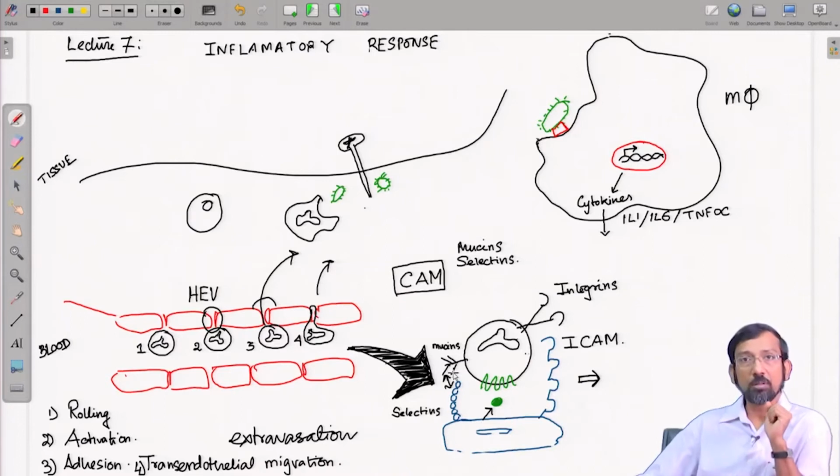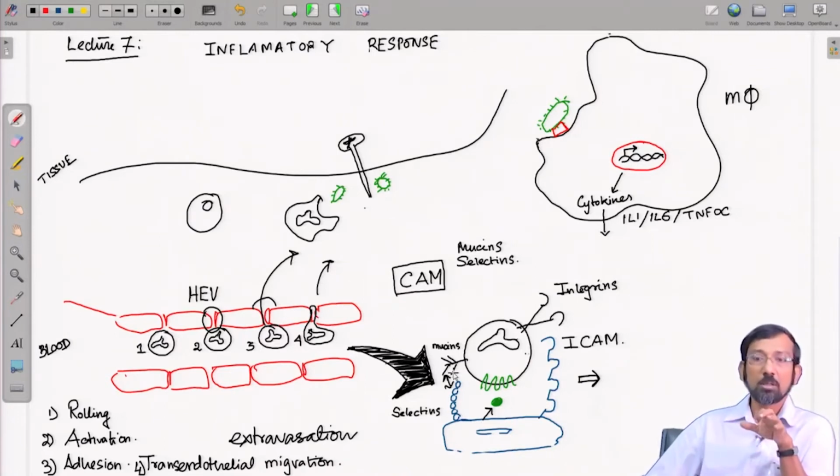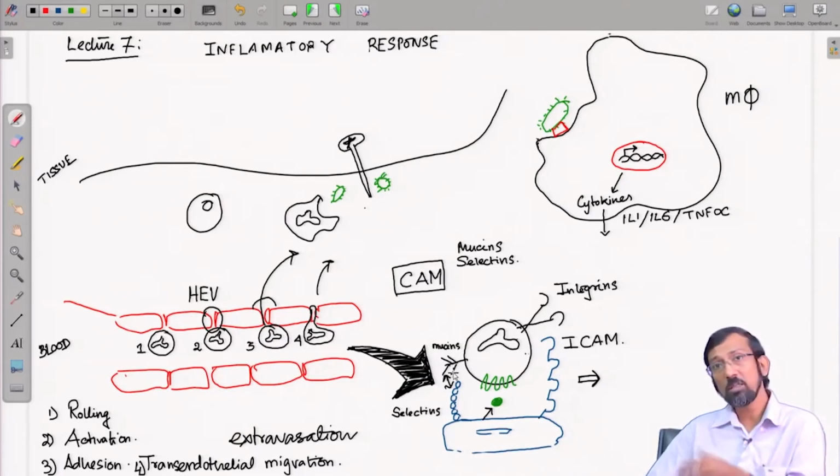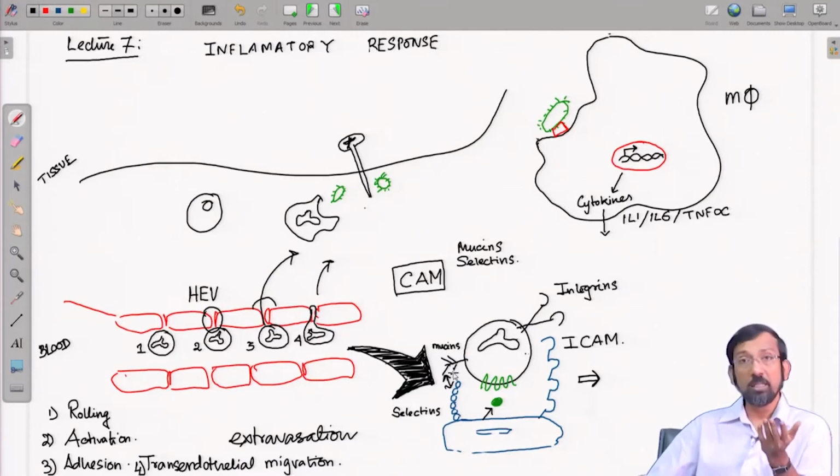Now, activation involves the effector molecules or the chemokines. We will discuss the cytokines and chemokines in our later classes in detail. For the time being, we just try to understand that chemokines, as the name suggests, are chemoattractants. They attract something.